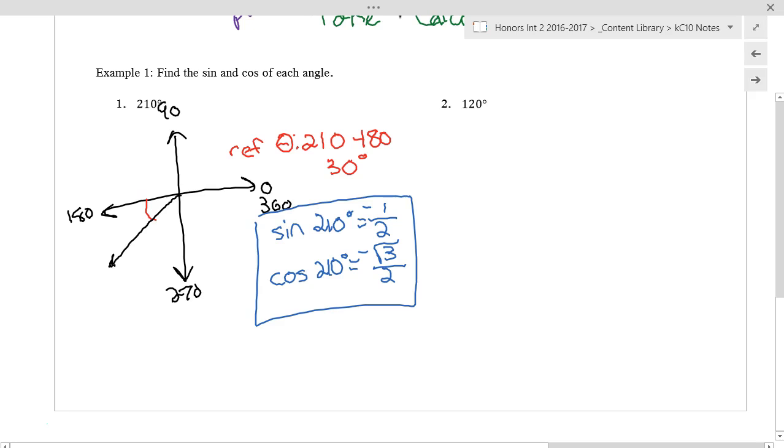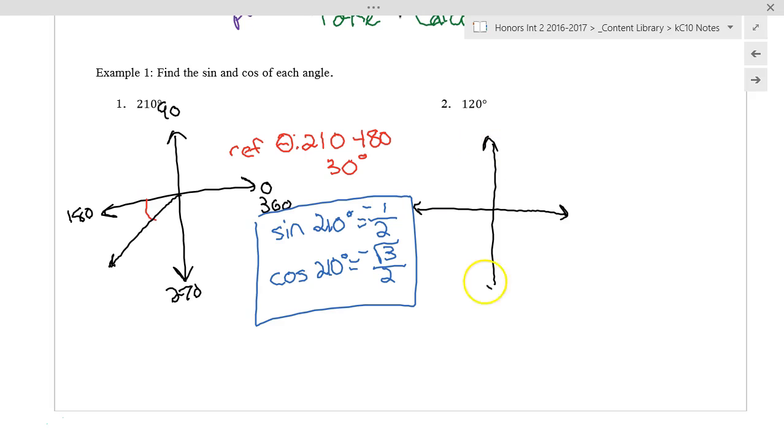Let's go ahead and look at number 2. 120 degrees. Okay. 120 is going to be right about here.